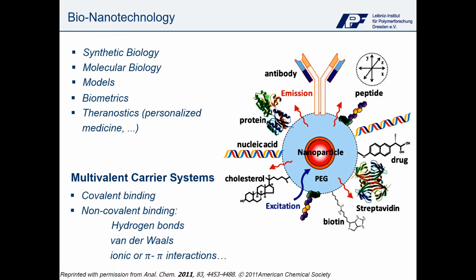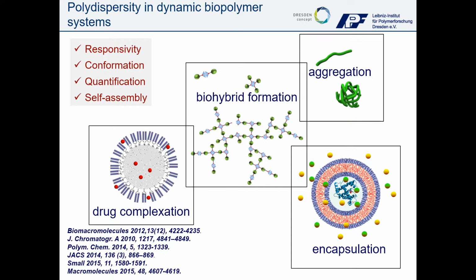A lot of these systems are based on multivalent carrier systems, which are based on macromolecules, and these macromolecules are coupled with different types of peptides, antibodies, nucleic acids, drugs, and so on. This coupling can be covalent, but it could also be non-covalent, which is mostly the case. And the non-covalent binding is the main issue to characterize using separation methods and different detection techniques.